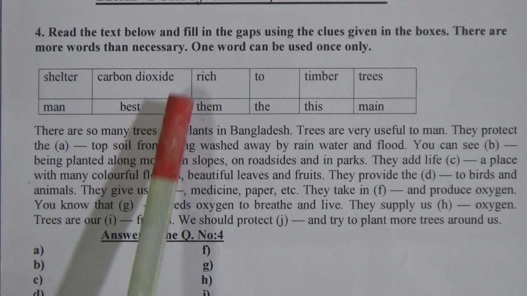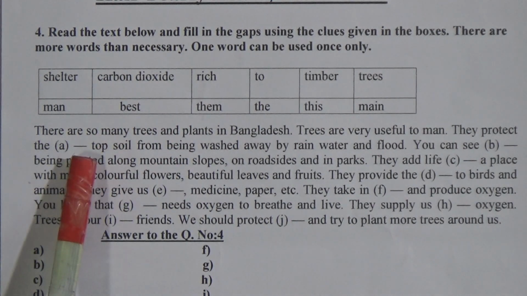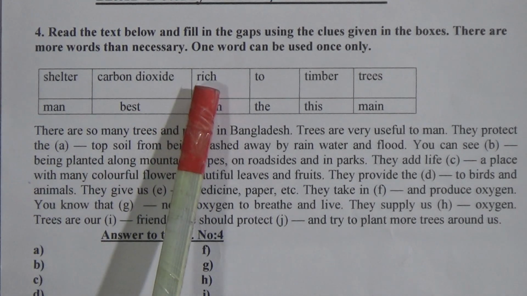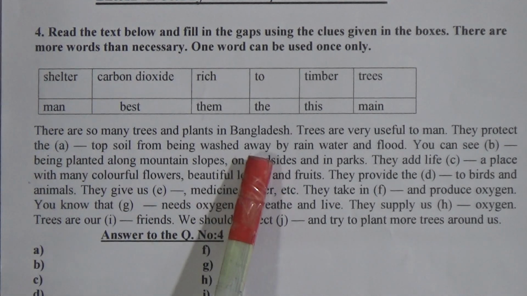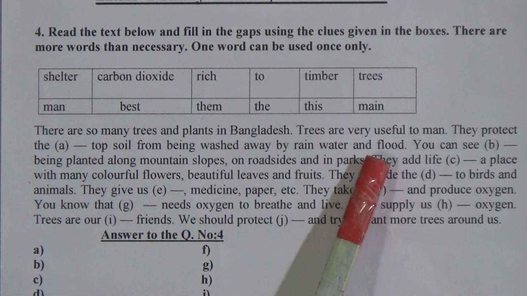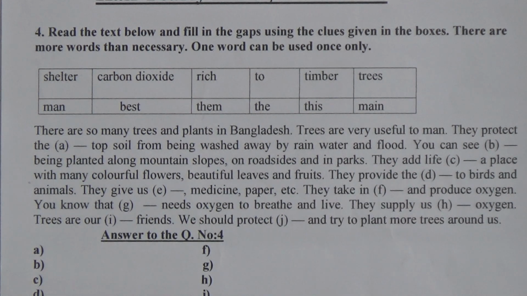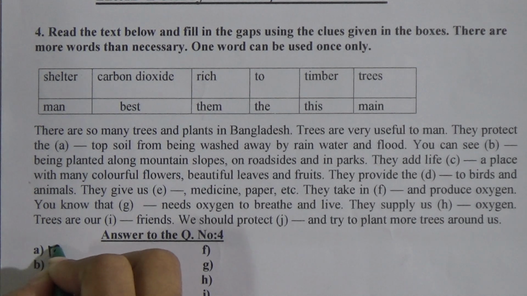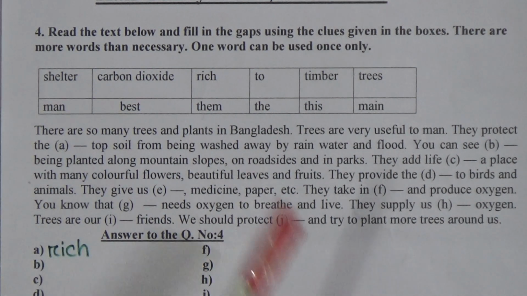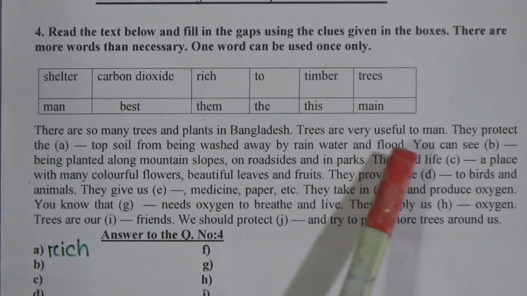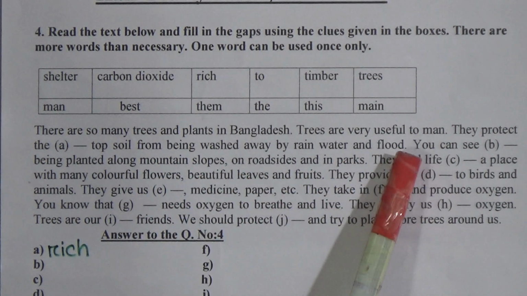You have to choose a word for this gap. We find rich. Rich top soil from being washed away by rainwater and flood. So in number A we have to write rich.